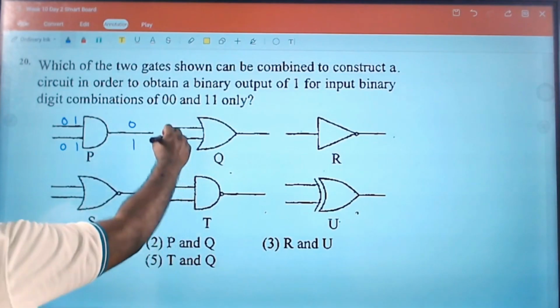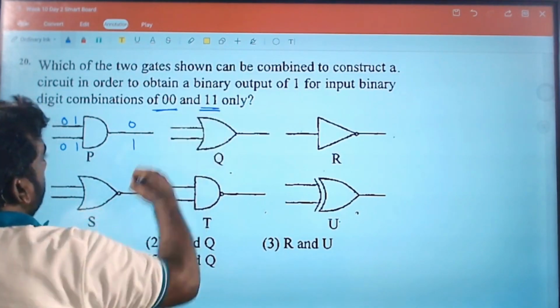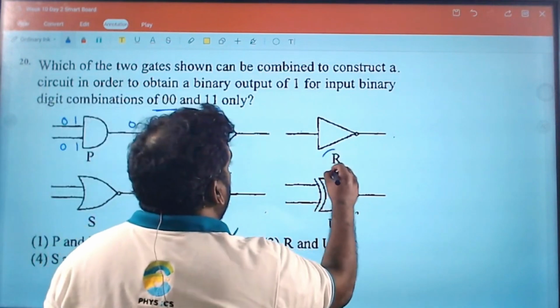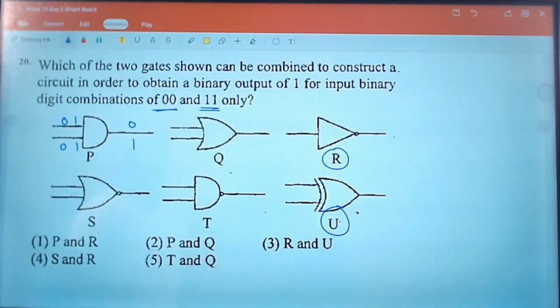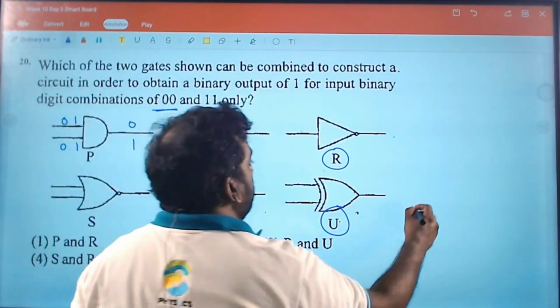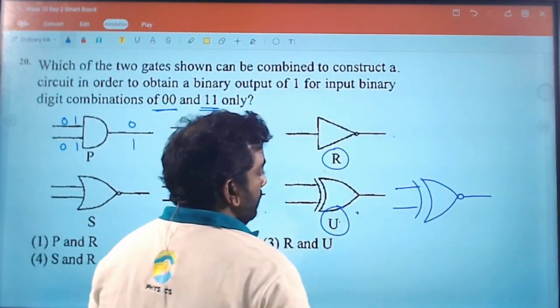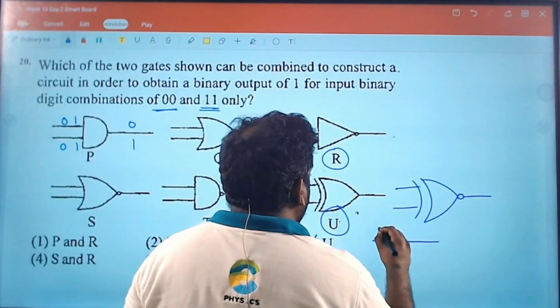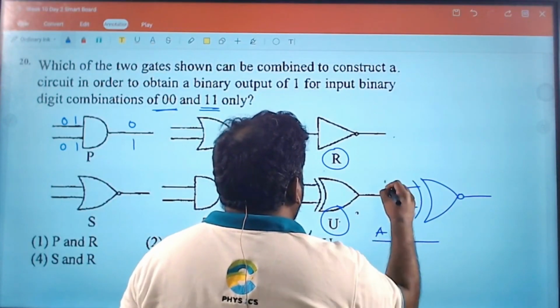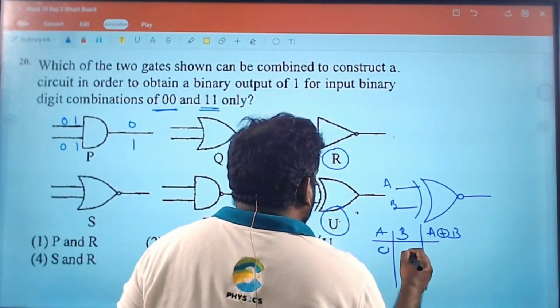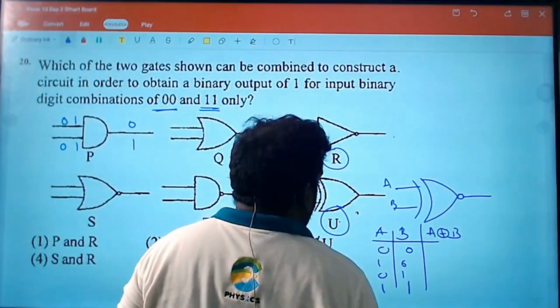These are just simple opposites, no? XNOR gate, I think we can combine R and U, no? R and U are combined, XNOR gate is formed. Normally, if you take A and B inputs, A exclusive or B: 0 0 gives 0, 0 1 gives 1, 1 0 gives 1, 1 1 gives 0.